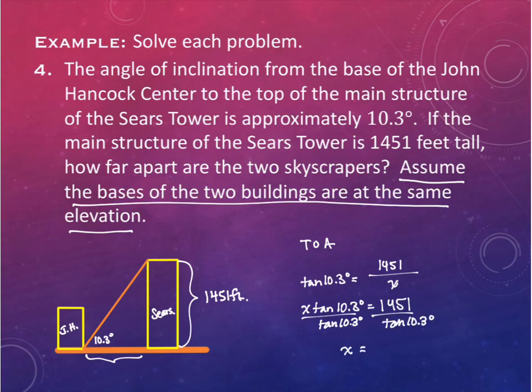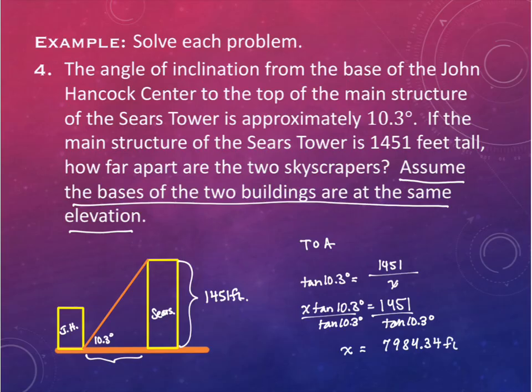All right, so if I take 1451 and divide by the tangent of 10.3 degrees, what do we get for the length of x? It's long, comparatively anyway. I have 3.4. Is it 3.3? It's 3.4 if we round the next one.